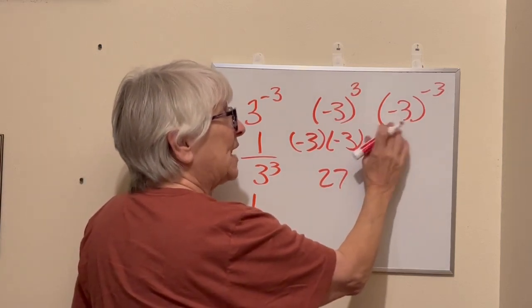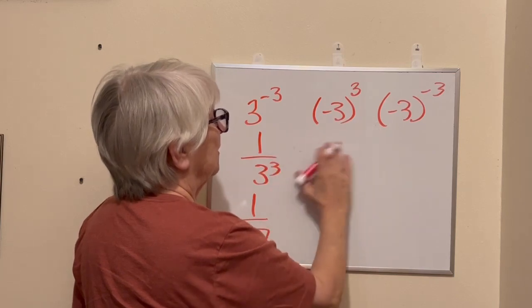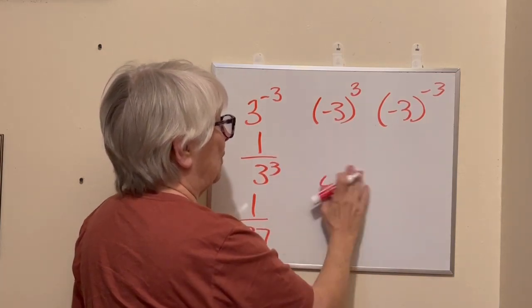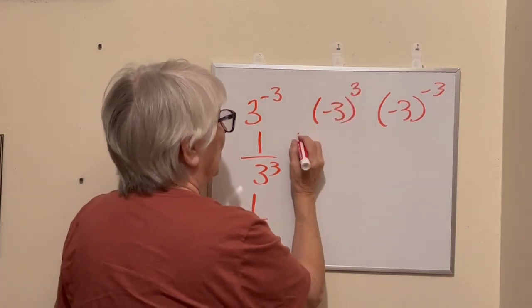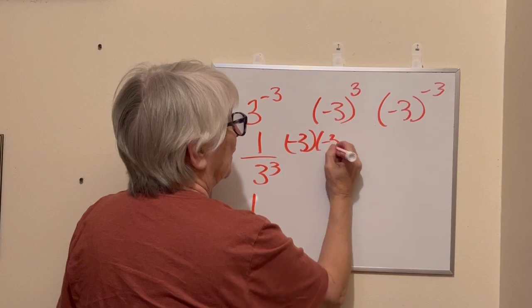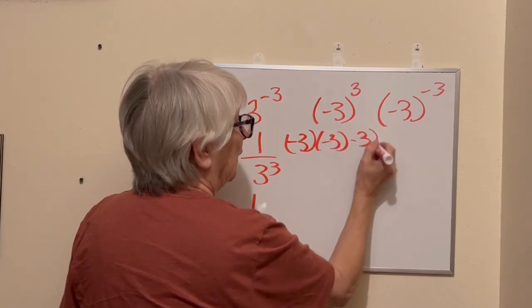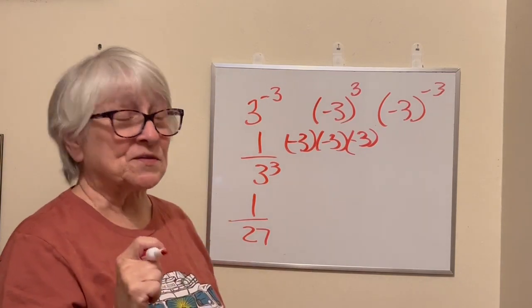Okay, this time we have the negative 3 to the third power. And I did this one wrong. I'm going to go back and correct my mistake because it's to the third power and I just squared it. It's negative 3, negative 3, negative 3. But the negative sign is also in parentheses.